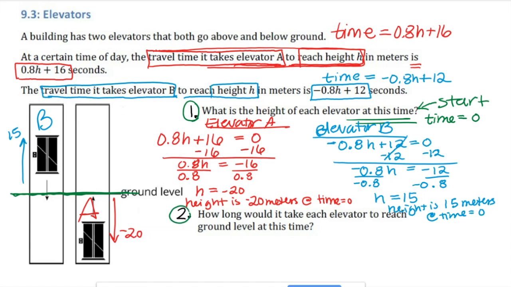How long would it take each elevator to reach ground level at this time? So how long will it take each to hit ground level? Now, because we're saying how long, that means we need to find t, right? Find the time.